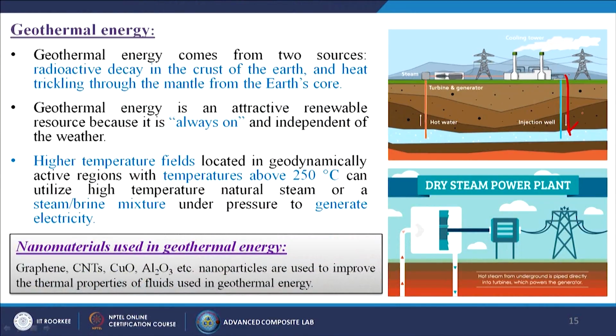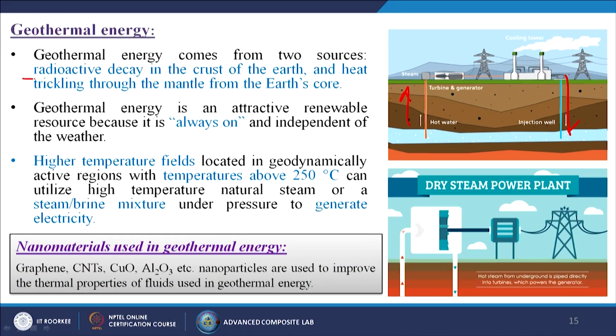What will happen? On one side, by the injection well, the cool water will go in and on another side the hot water will come out, and when the water is heated up, automatically it will vaporize, or it can generate steam. If we are able to capture that steam, we can rotate the turbine, and through that we can generate the electricity by the generator itself.